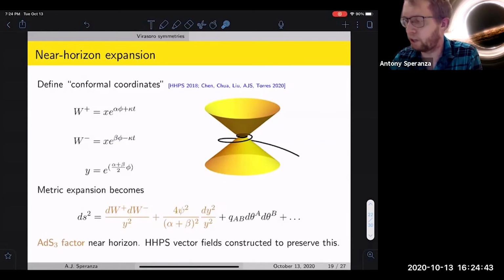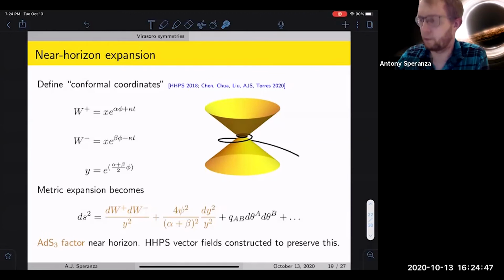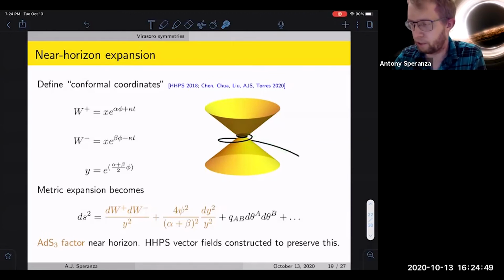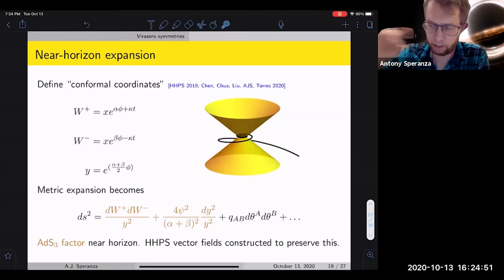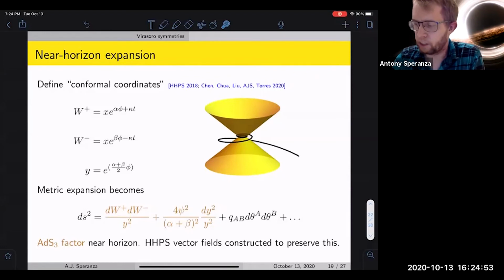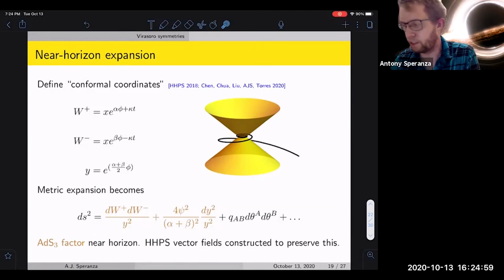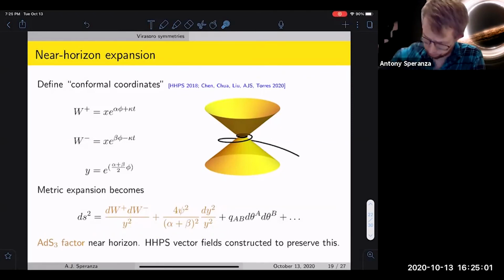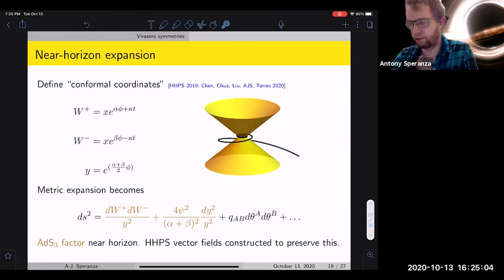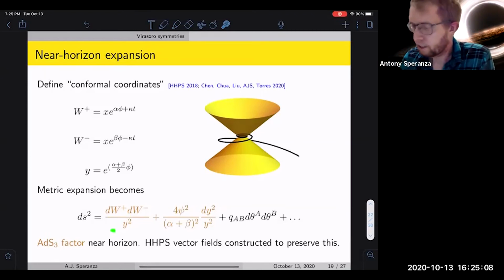Here I've drawn the horizon and a surface where w plus and w minus are constant, and it spirals in towards the bifurcation surface. These coordinates make the metric expansion look like it has an AdS3 factor up to subleading corrections. So now you're foliating the near horizon region by these AdS3 foliations that wrap around near the horizon.